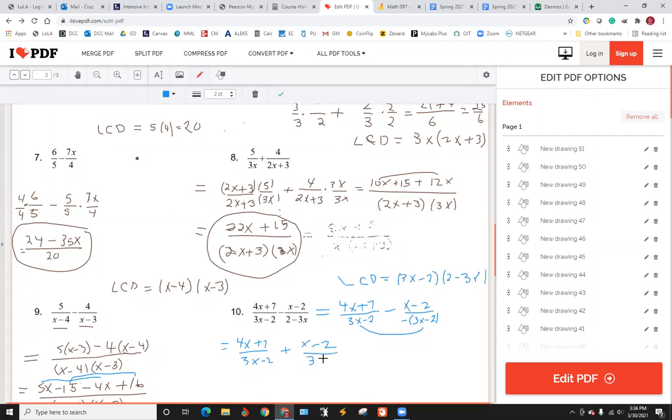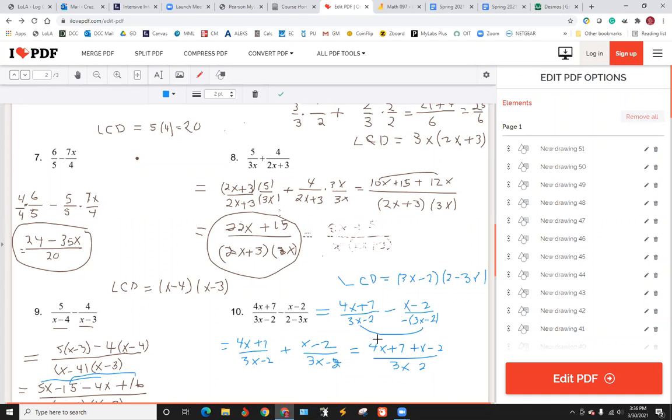Now, like I said, you can go ahead and do this by multiplying this side by the 2 minus 3x, and then multiplying this by the 3x minus 2, and you'll have a lot more terms, but this simplifies it down, and now all you've got is an addition, which is 4x plus 7 plus x minus 2 all over 3x minus 2.